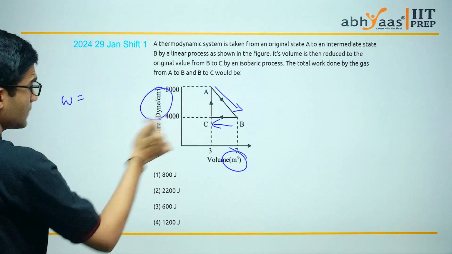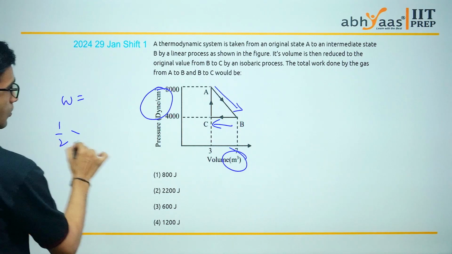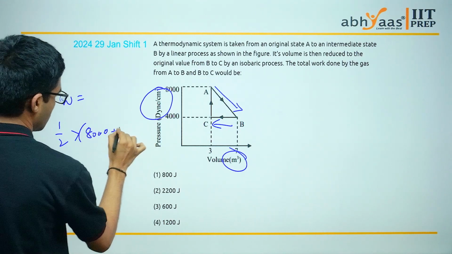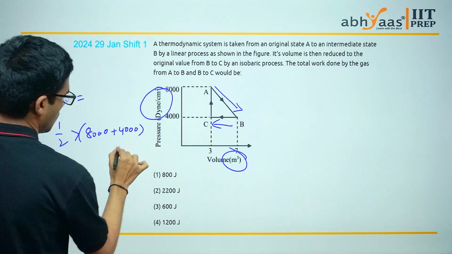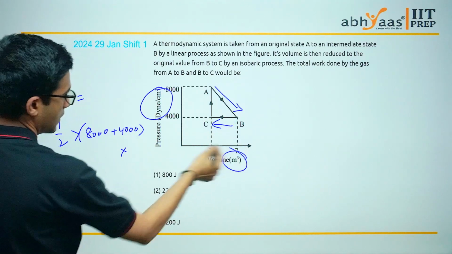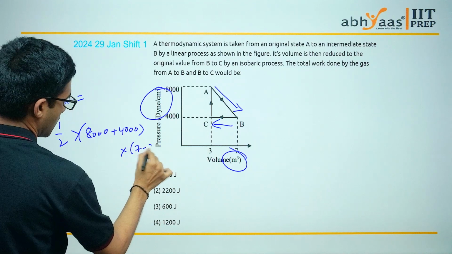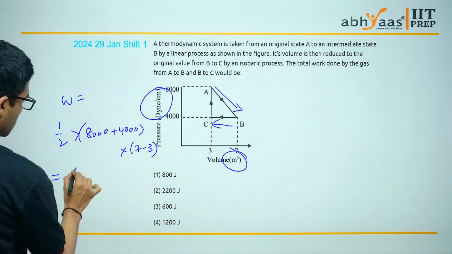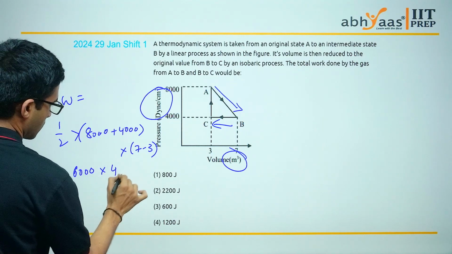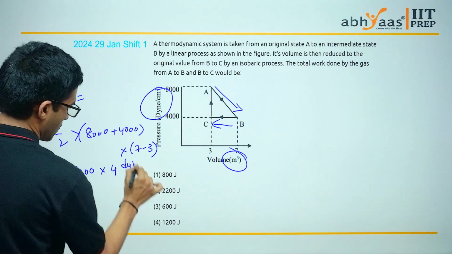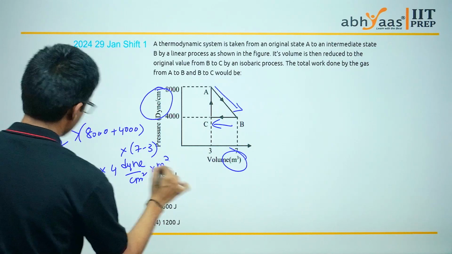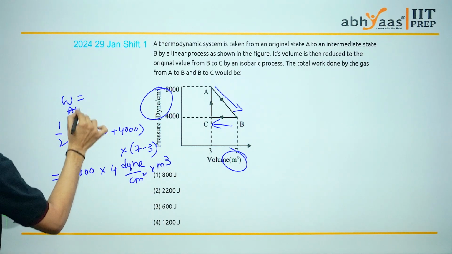So work done is 1 by 2 into the average, 8,000 plus 4,000, into the volume change from 3 to 7, that means 7 minus 3. So this is 6,000 into 4, in dyne per centimeter square into meter cube. That is work A to B.